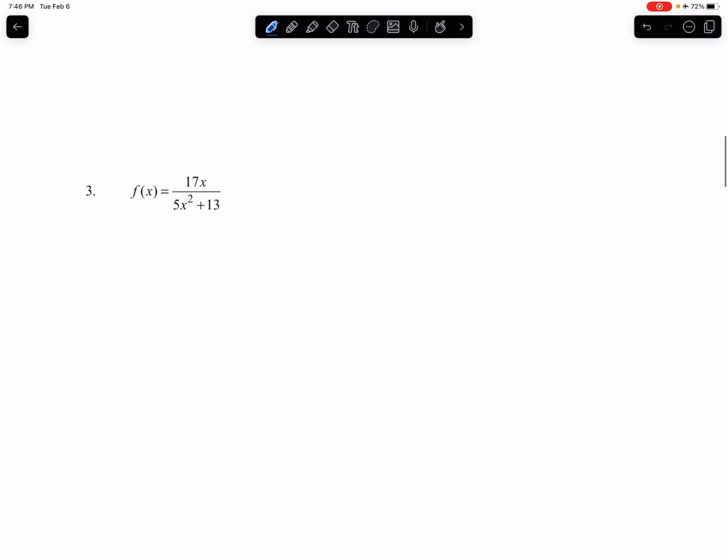Let's look at a quotient now. Here we are going to use the top, which is 17x, and the bottom, which is 5x squared plus 13. And our derivative of the top is 17, and our derivative of the bottom is 10x.